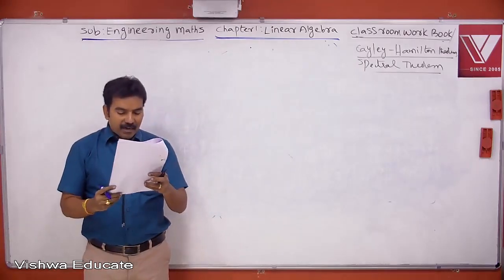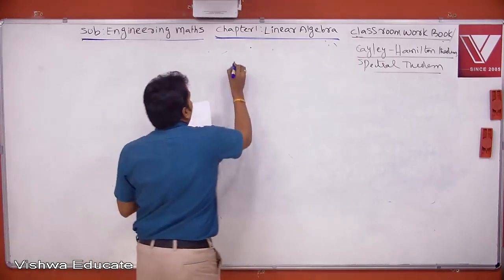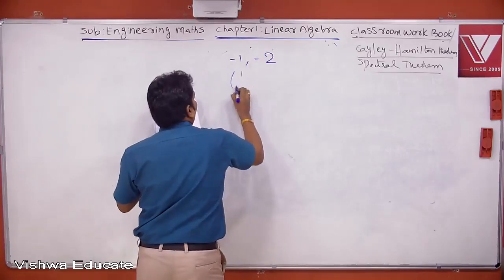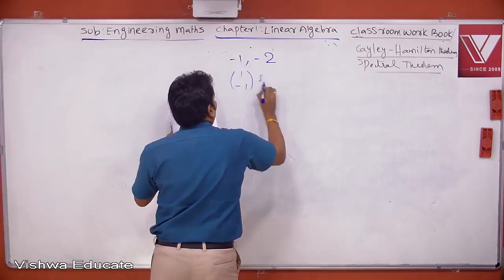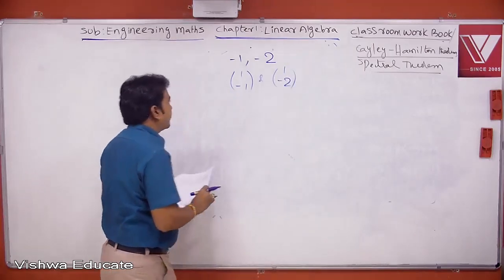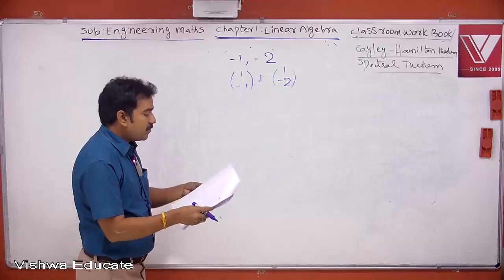A matrix has eigenvalues minus 1, minus 2. The eigenvectors are 1, minus 1 and 1, minus 2. Then the matrix is, just like the previous question.